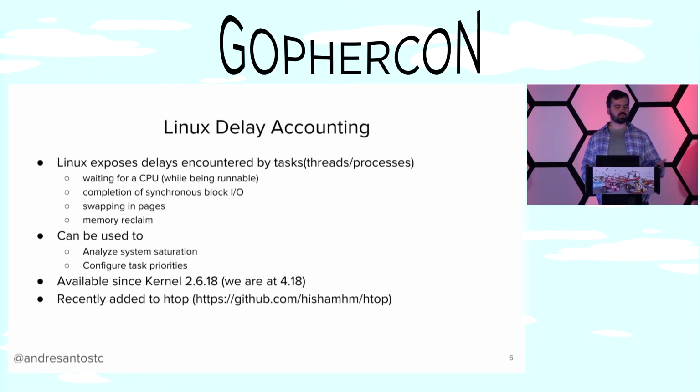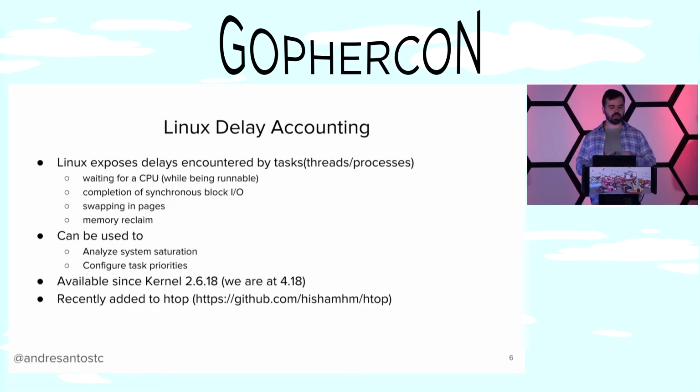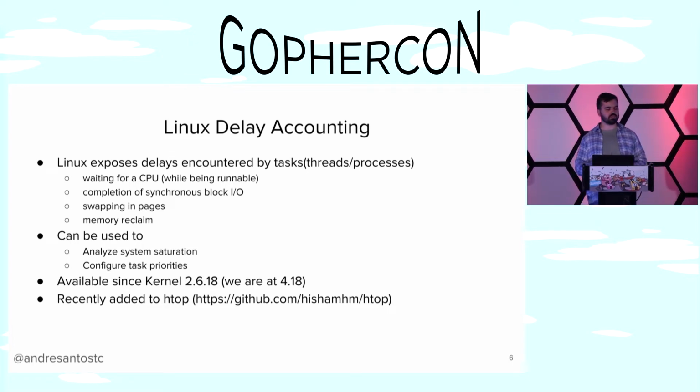So Linux exposes delay encountered by tasks, and these delays may be waiting for a CPU while the process is runnable, waiting for synchronous block I/O to finish, swapping memory pages in and out, and also during memory reclaim. So all this information is useful and can be used to analyze system saturation, and also for configuring task priorities.